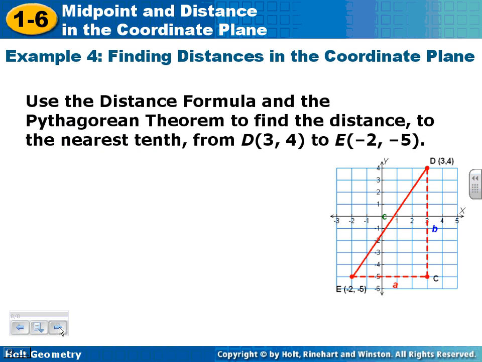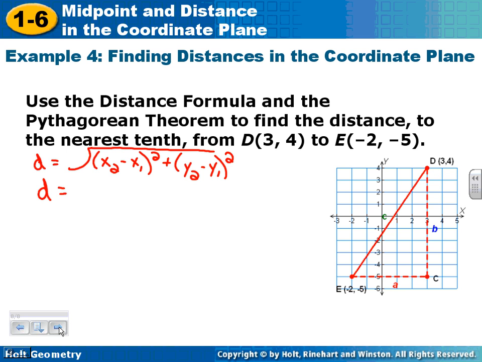With that said, can we use the distance formula and the Pythagorean theorem to find the distance to the nearest tenth from D to E? So let's do it two ways. Let's do the distance formula first. From D to E. Here's the distance formula. The big square root, we take the second x minus the first x and square that, plus the second y minus the first y, we square that.